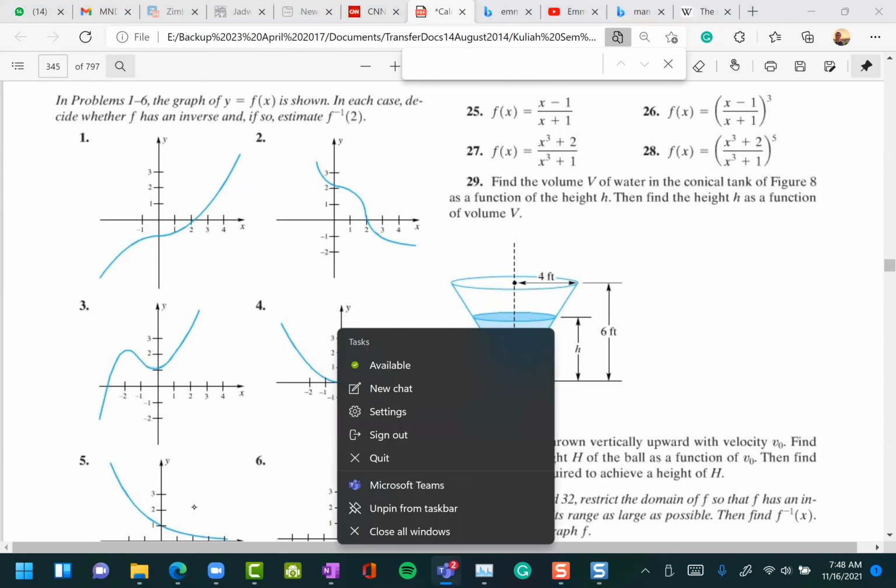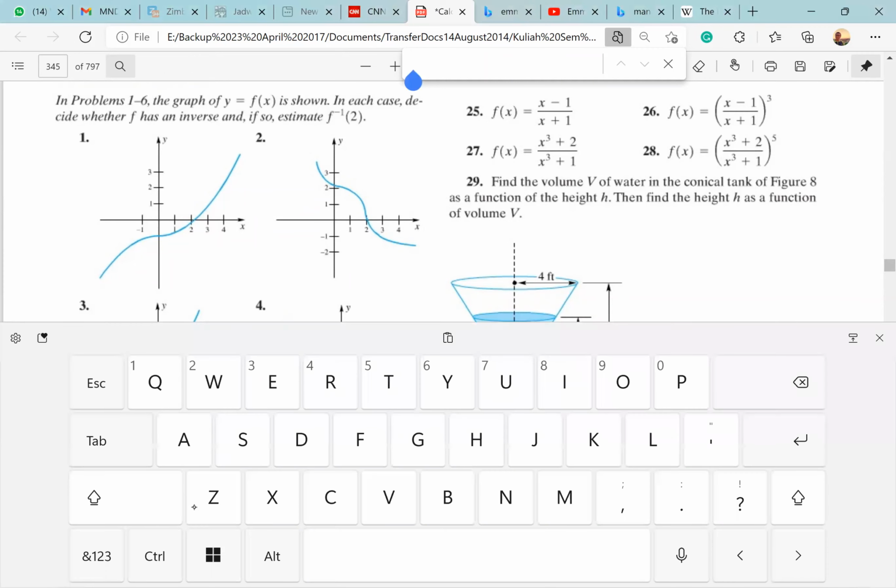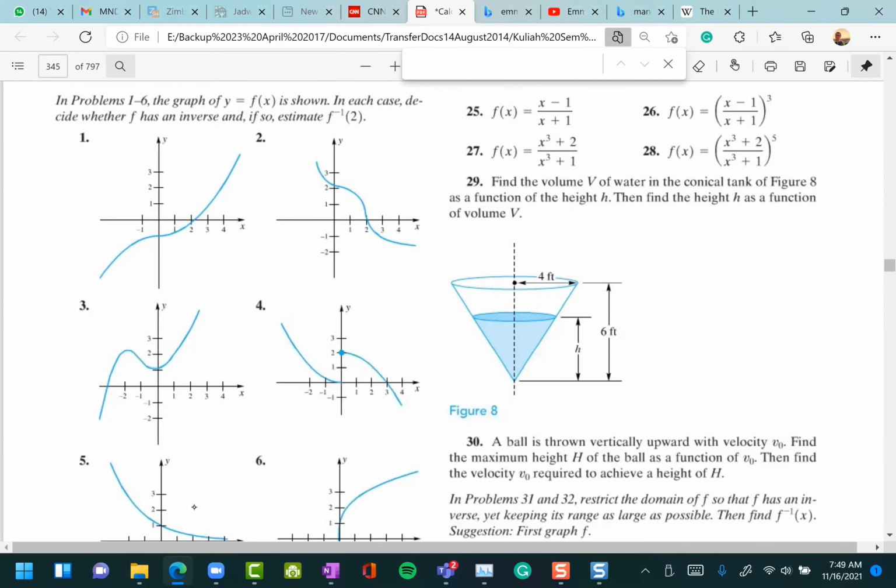That's how you get the graph of the inverse. Recall a way how to do this one. I forgot about it, sir.